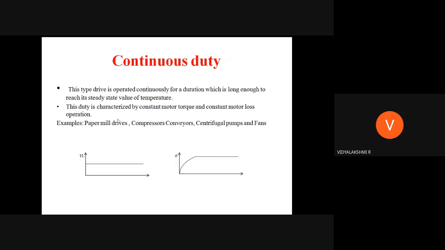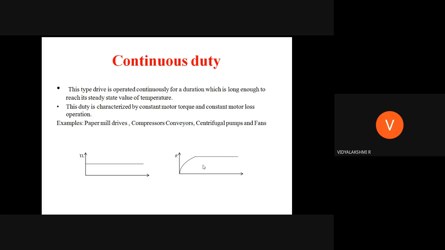First one is continuous duty. We can run at a constant torque, which means whatever happens, if I'm changing my speed and torque, I need a constant torque. So here it is possible to attain a steady state temperature, because if I'm running at a constant torque, my load torque is equal to motor torque. Steady state load torque means a constant torque and constant temperature will be attained.